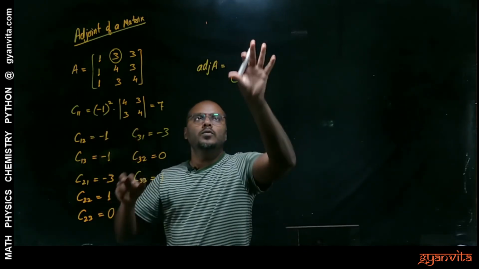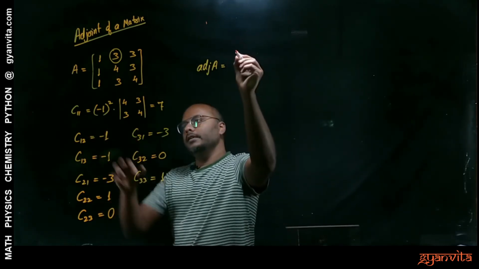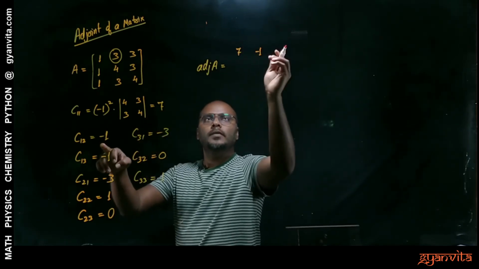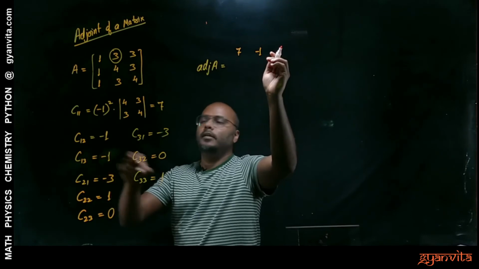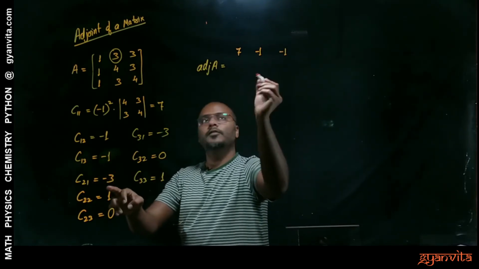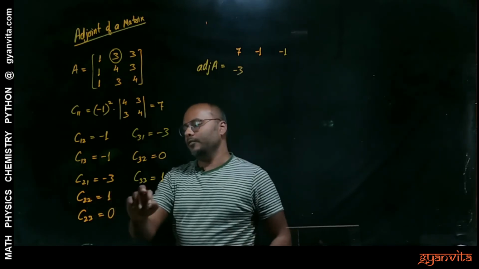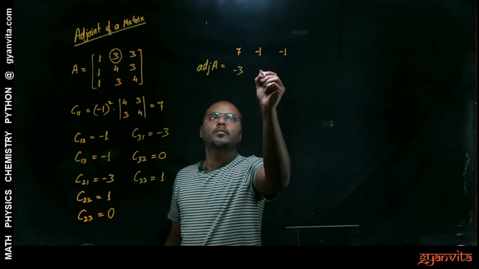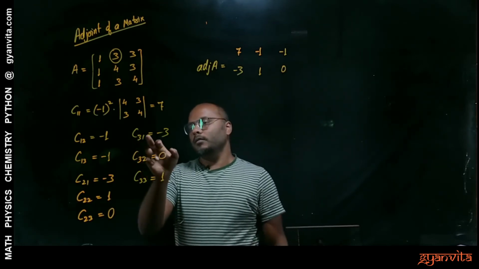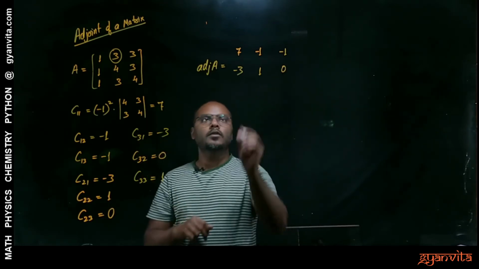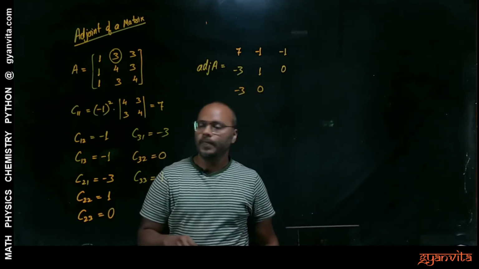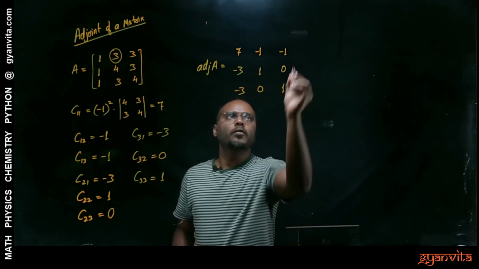So adjoint of A is: the first element 7, then minus 1, then minus 1, then you have minus 3, second row, first column, second row, second column 1, second row, third column 0, third row, first column minus 3, third row, second column 0, third row, third column 1.